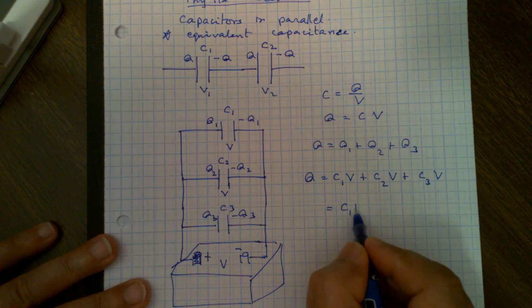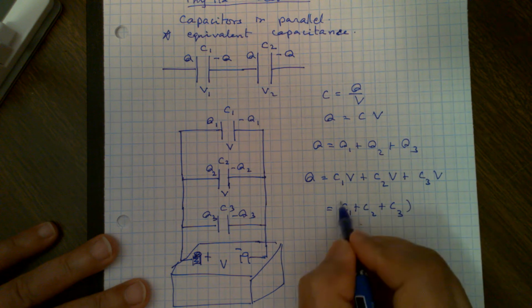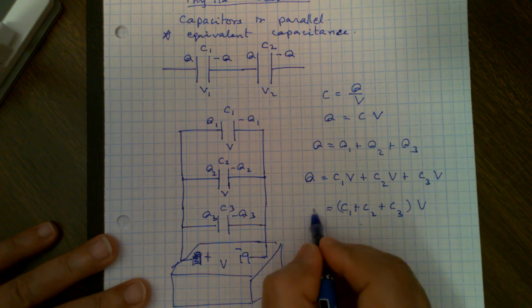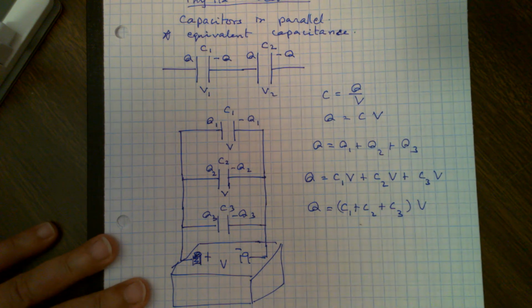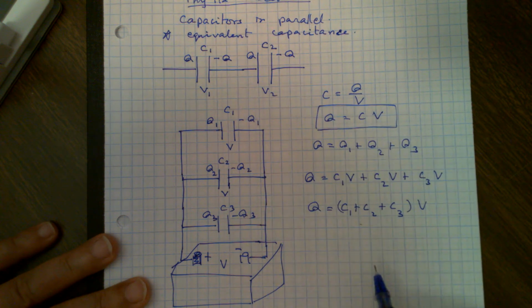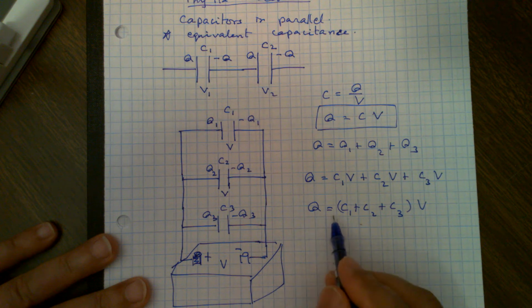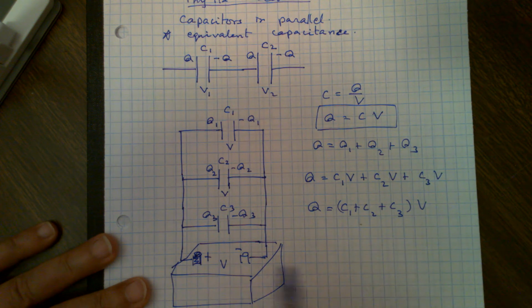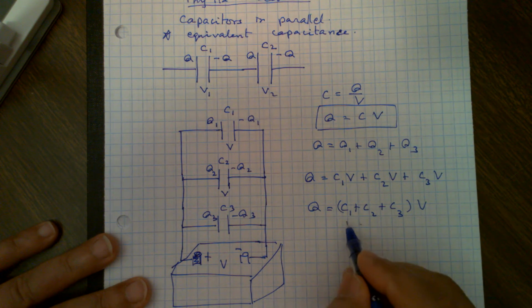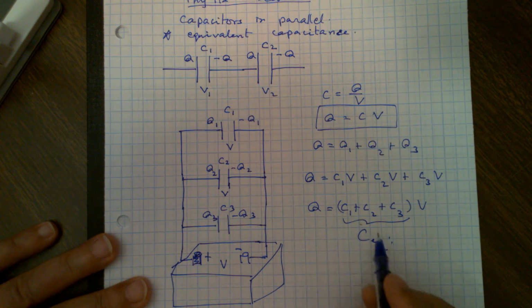I get C1 plus C2 plus C3 times V. So that's what I get. Then if I compare with this formula, this equation looks like Q is equal to some C times V, where this C will be your equivalent, C equivalent, right? So this C will be C equivalent.